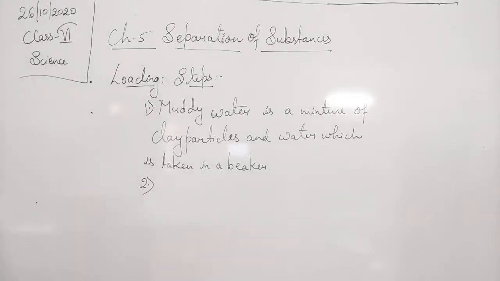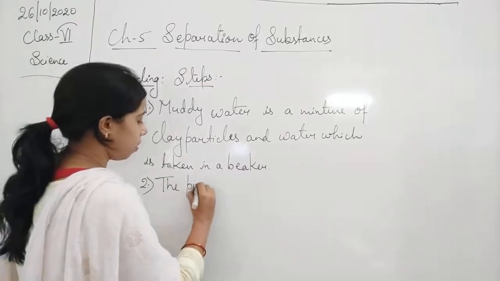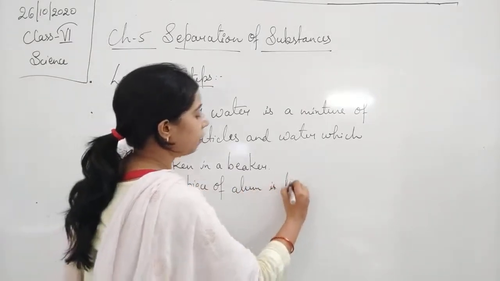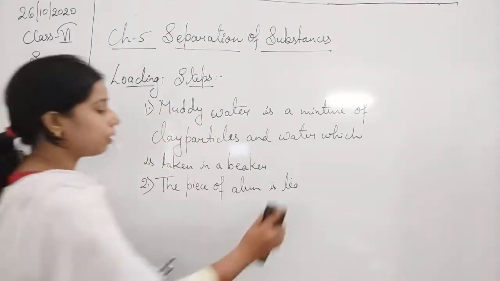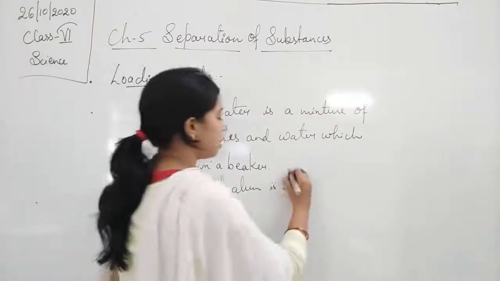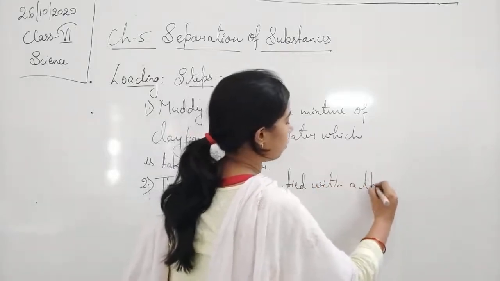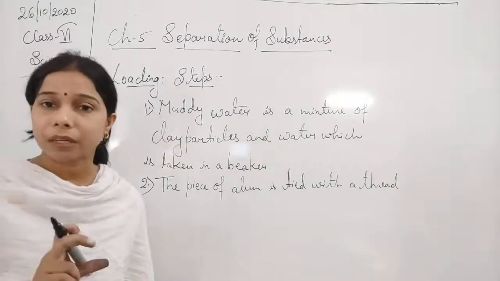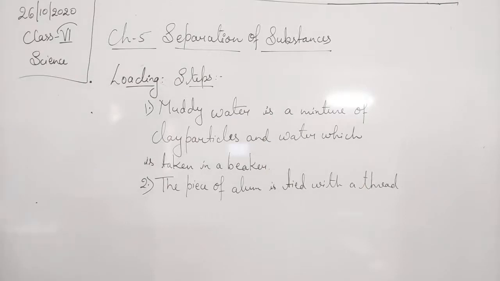So the piece of alum is tied with a thread and it is suspended in the beaker in which we had kept the muddy water.